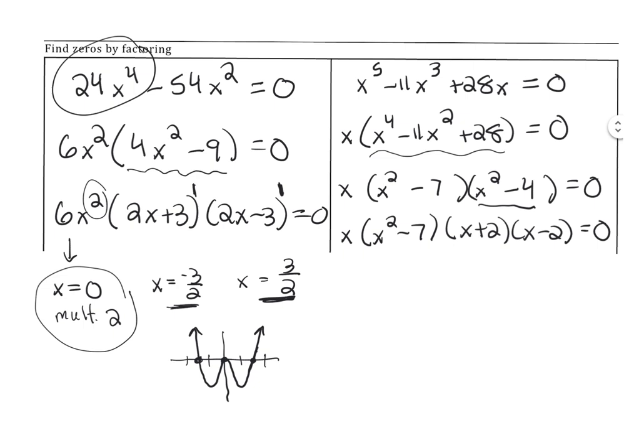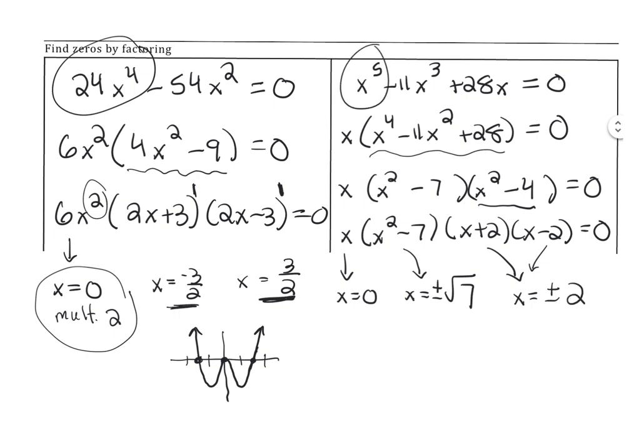And now let's solve. So here we have x equals 0. If you go to solve this one, you'll have x equals plus and minus the square root of 7. And then here we'll have x equals plus and minus 2. So notice the 5th degree, how many solutions do we have? 1, 2, 3, 4, 5.